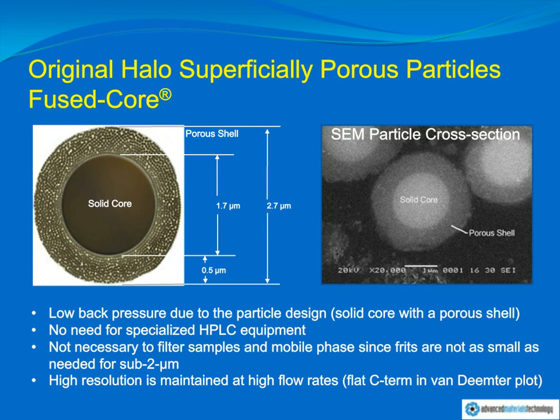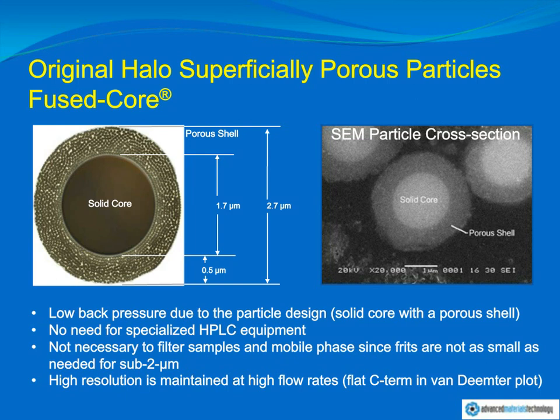Now, the defining characteristic of the superficially porous particle is the solid core of silica, shown in cartoon form on the left-hand side of your screen, surrounded by a superficially porous shell of silica microparticulate structure. This is the porous material that allows molecules to diffuse in and out of the superficially porous particle and to interact with a stationary phase that has chemically bonded to those microparticulate shell structures.